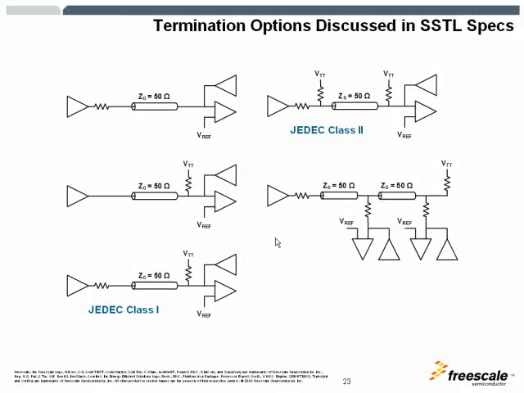And also here I have provided additional termination that are allowed in SSTL spec, and the only reason I put this here is to indicate that there's no single correct way of doing this. There are so many different ways that you can do this. However, please abide by JEDEC rules, whatever termination scheme you're using.